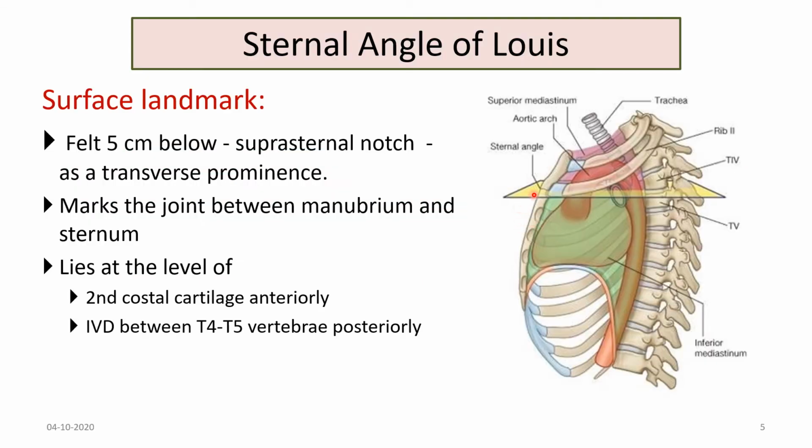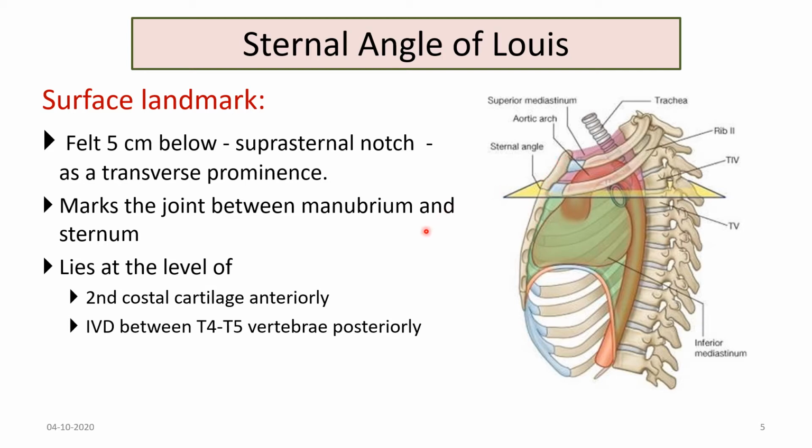In this picture, you can see the junction of the manubrium and body of sternum, that is the sternal angle, and you can see the attachment of the first rib and second rib to the manubrium. The surface landmark for the sternal angle of Lewis is that it is felt 5 centimeters below the suprasternal notch, as a transverse prominence.